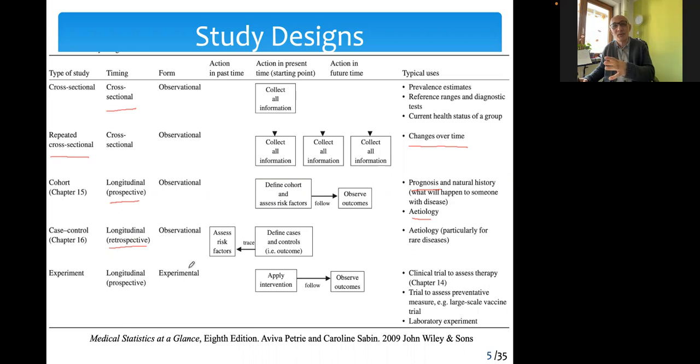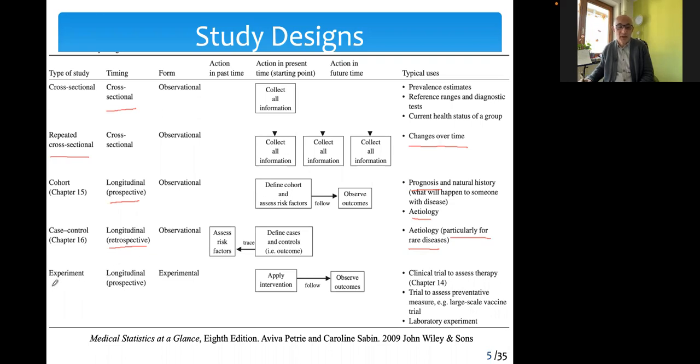So you already have people who have got the disease, and you take a comparison group, healthy controls, and then go to the past and try to find out what kind of risk factors have caused this situation. So it is easier to conduct and particularly useful for rare diseases. I will explain in a minute what this means.